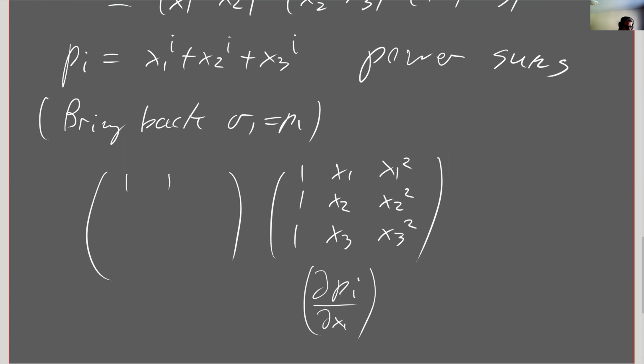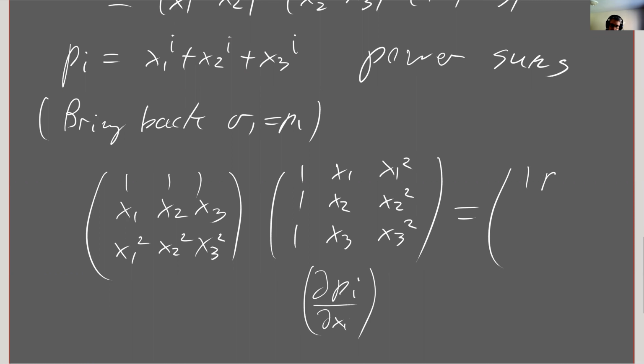So depending on how you think about it, one is the Jacobian and the other is the transpose. Right, so we have those 2 matrices, and their product is 1, P1, P1, 2, P2, P2, P3, P3.